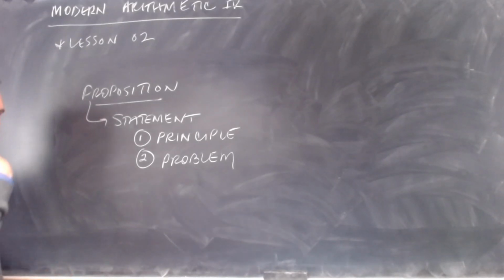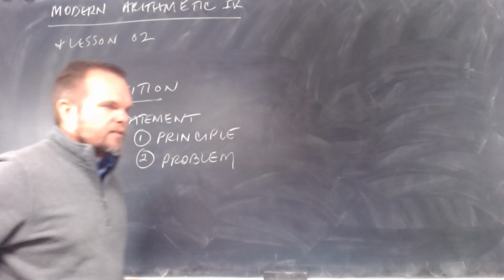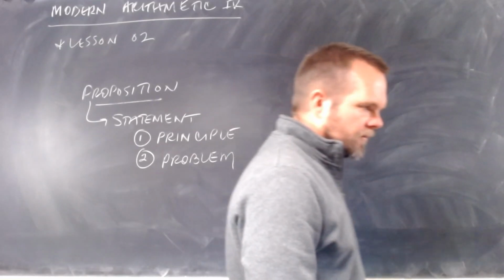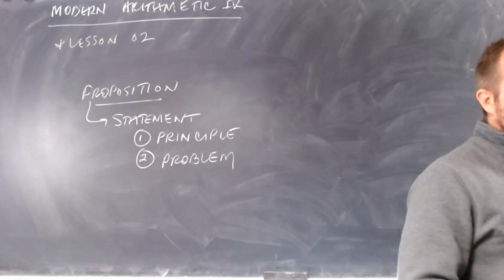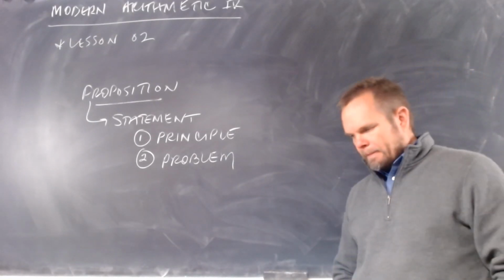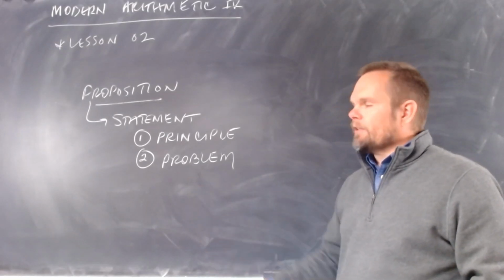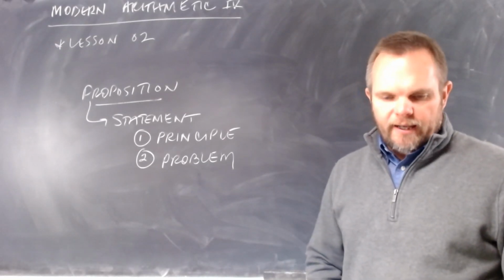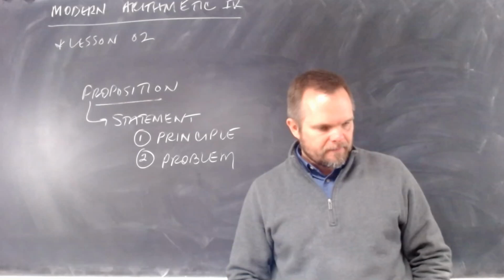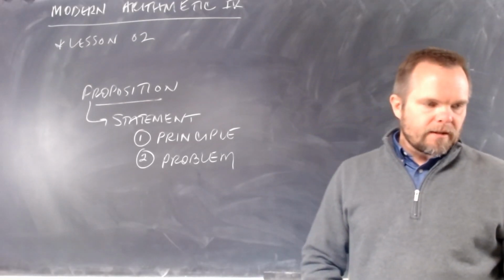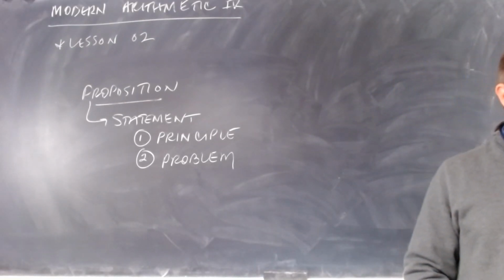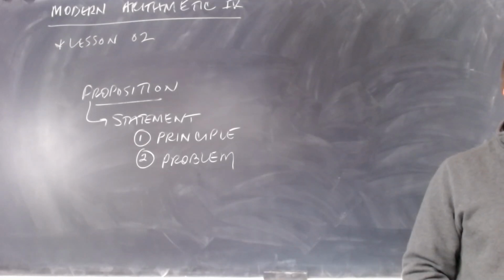So a proposition is a statement of a principle or a statement of a problem. And you'll see why this definition of the proposition is important as we get through the rest of this lesson.